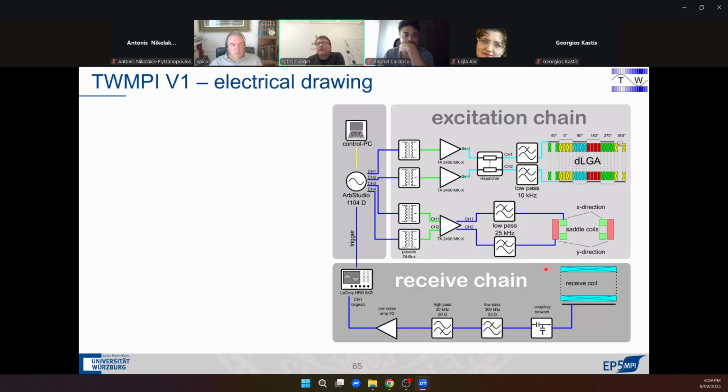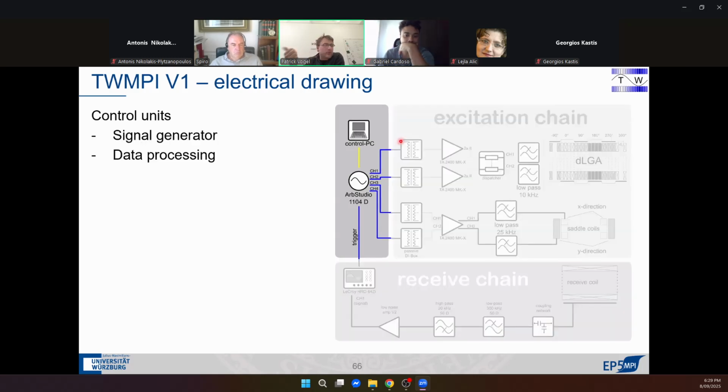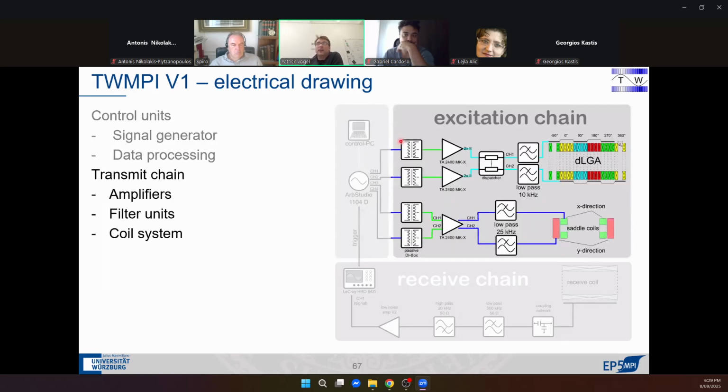To run an MPI system, you need much more. Here's a short overview. Of course you need the control units, from the signal generator to the data processing area. You also need the excitation chain. So this here is the scanner itself, the coil system. You need additional coupling systems. You need amplifiers. We are using audio amplifiers.